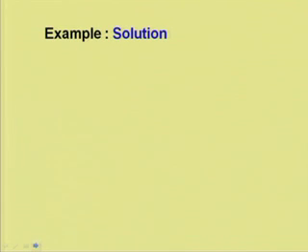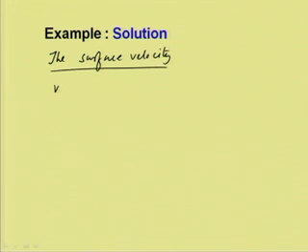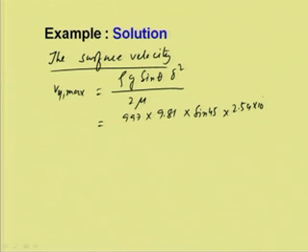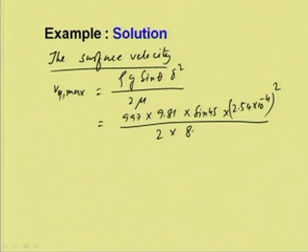So, the surface velocity, that is V_y max, is equal to rho g sin theta delta square by twice mu, which is equal to 997 into 9.81 into sin 45 into (2.54 into 10 to the power minus 4) square divided by 2 into 8.95 into 10 to the power minus 4, which is equal to 0.3 meter per second.